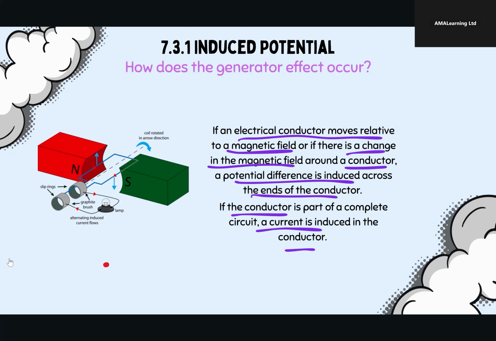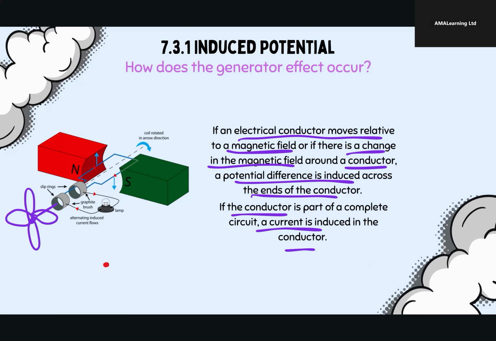So what we're saying is when a wire moves through a magnetic field, in fact, let's go through an example of this first. A real life example of the generator effect is a wind turbine. Imagine the slip rings here attached to a wind turbine.